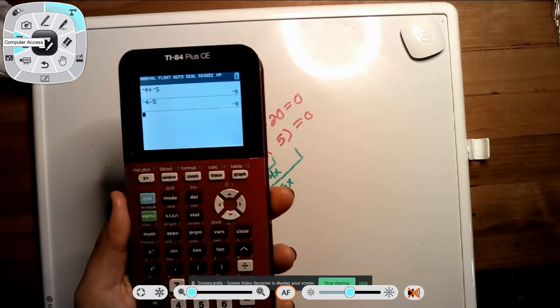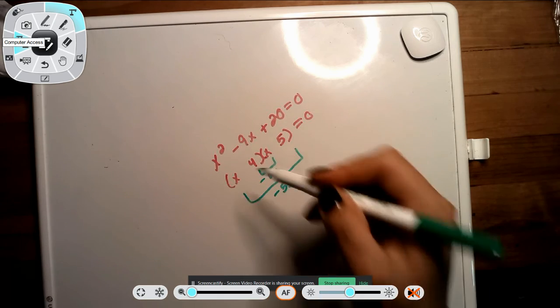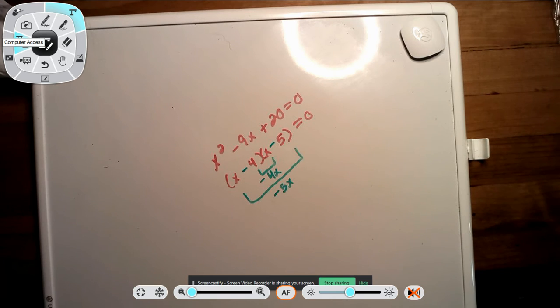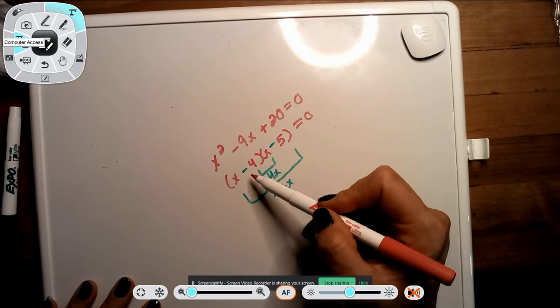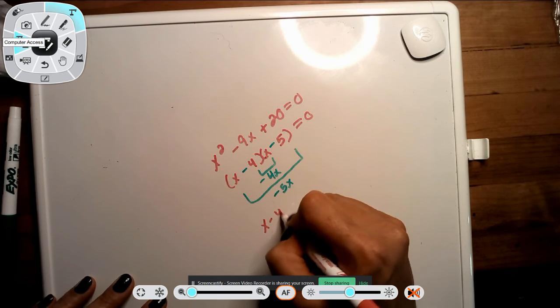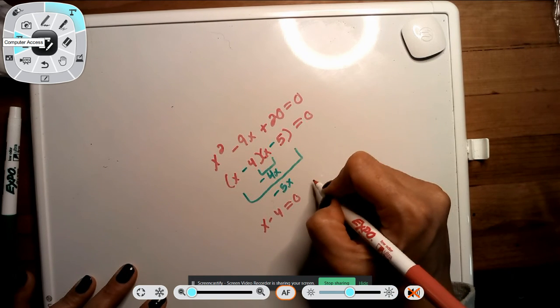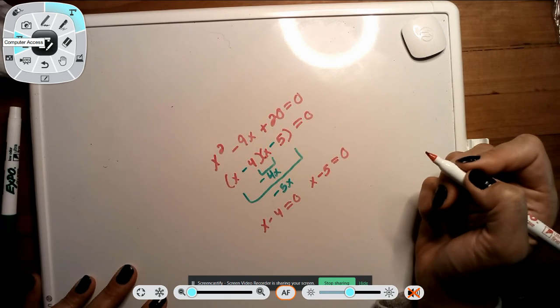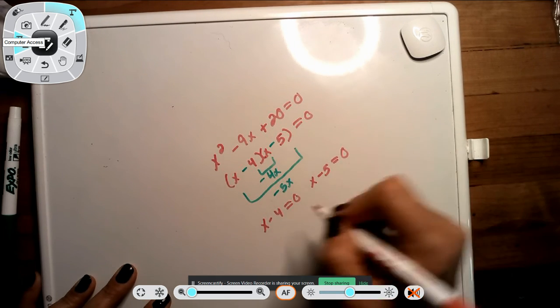Same thing. So that means this is negative and that's negative. Now, I'm not done yet, because this isn't the point of this problem. This is getting it into the right format, but now I need to solve. So x minus 4 equals 0, x minus 5 equals 0.